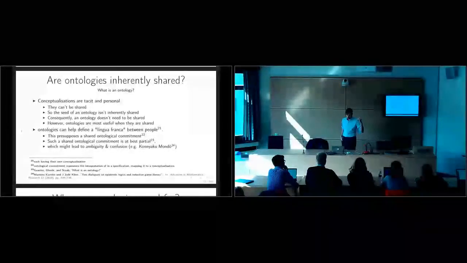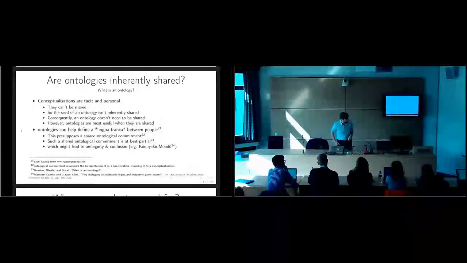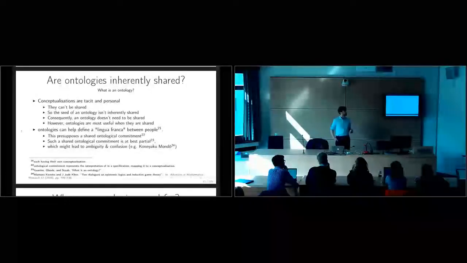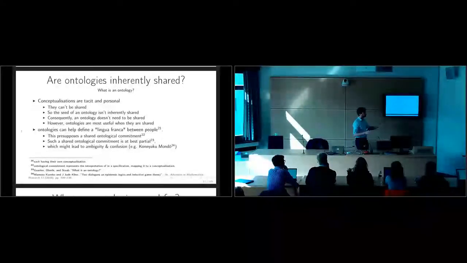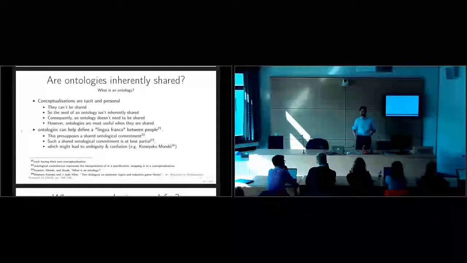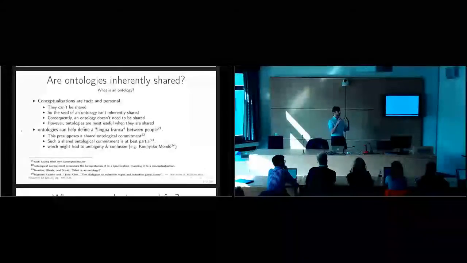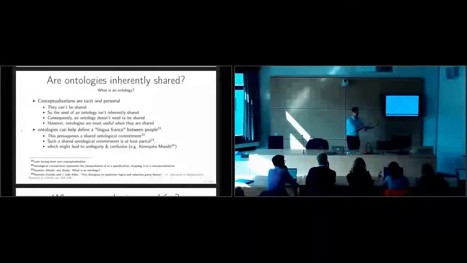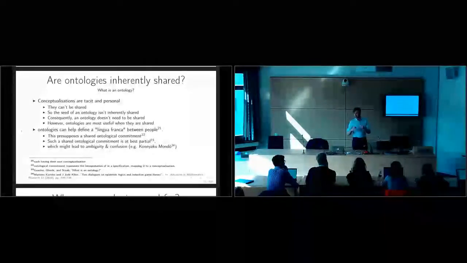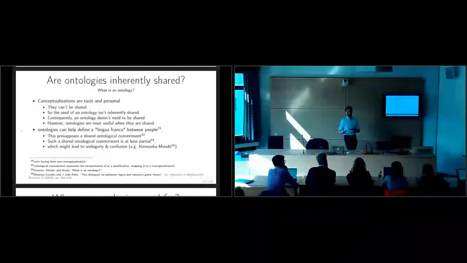So for example, if you take J.K. Rowling, she had a Harry Potter world ontology in her mind when she wrote the books, even before the first one was published. So she had her own mental model of the world before sharing it with the world, basically.